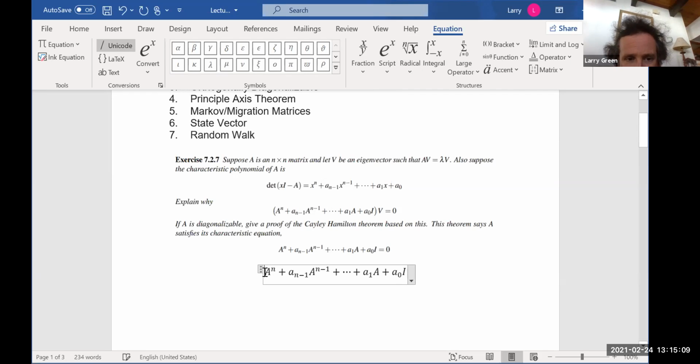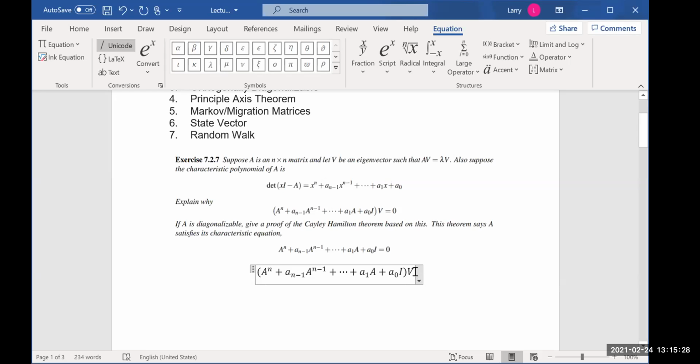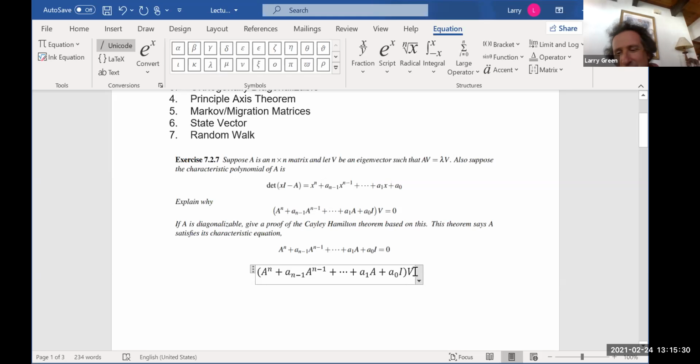So I need some parentheses. And I need to get 0 when I'm done, right? So what do I do? Any thoughts? Distribute out V, maybe? Yeah. Except distribute through V, right? Out is the opposite direction. So we're going to go equals. And let me copy and paste so I don't have to type it again.